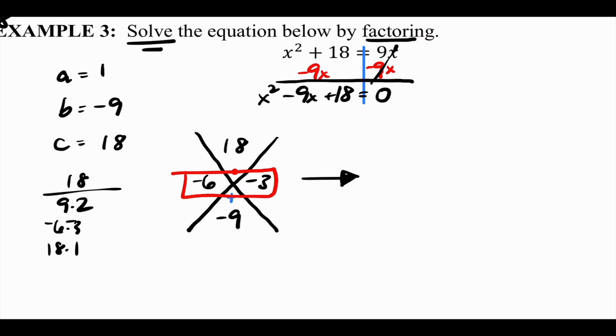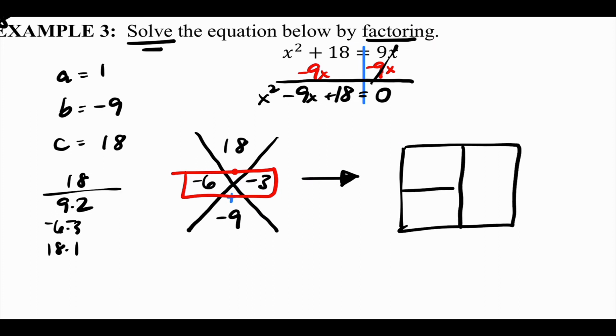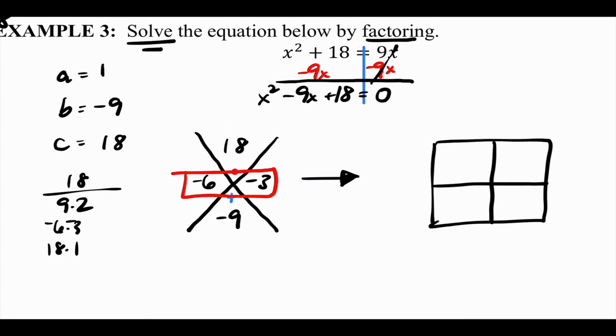Okay. So now I go to my box. It's got 4 sections, just like always. So A with x squared goes on top. C goes on bottom. And then negative 6x, positive 3x, or sorry, negative 3x.